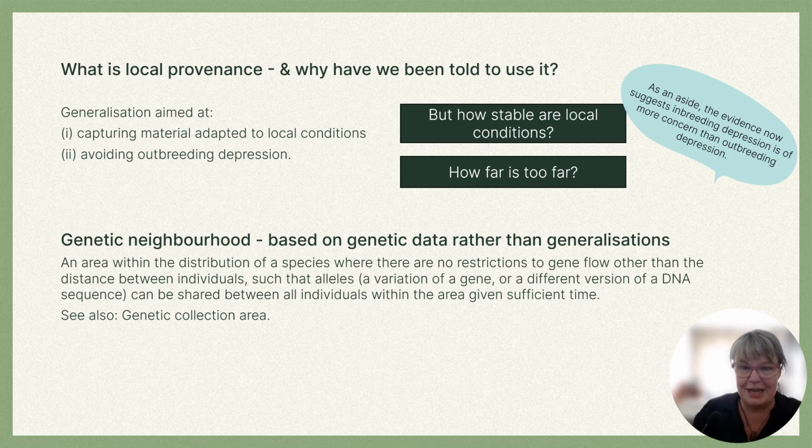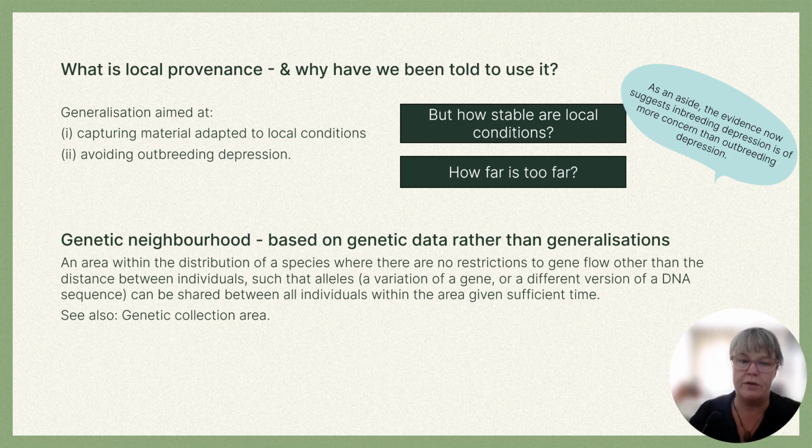So I'll briefly take a moment to define a genetic neighborhood. It's an area within the distribution of a species where there are no restrictions to gene flow other than the distance between individuals, such that alleles, or a variation of a gene, or a different version of a DNA sequence, can be shared between individuals within this area given sufficient time.